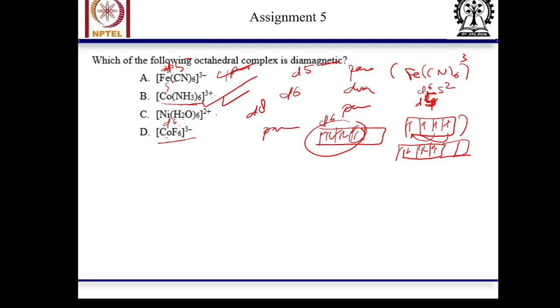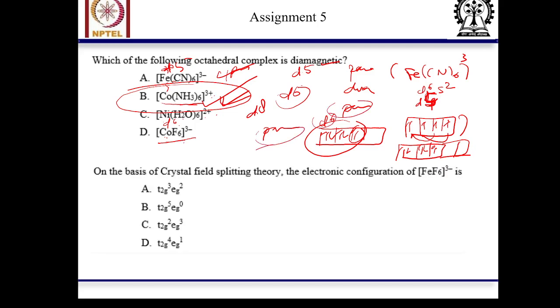This one is d6, which means diamagnetic in nature. That is the correct answer. And this is d8 strong field ligand, which means paramagnetic. This is d6, paramagnetic.